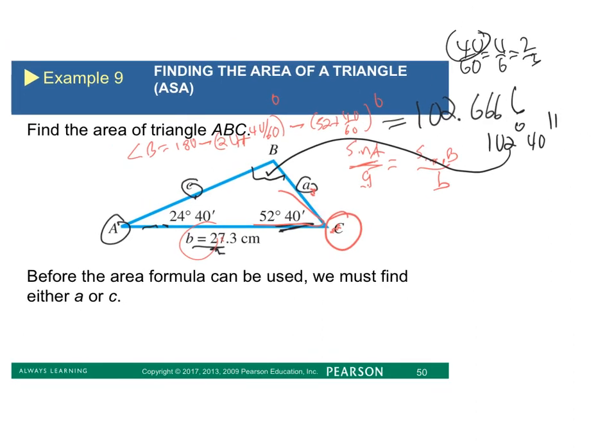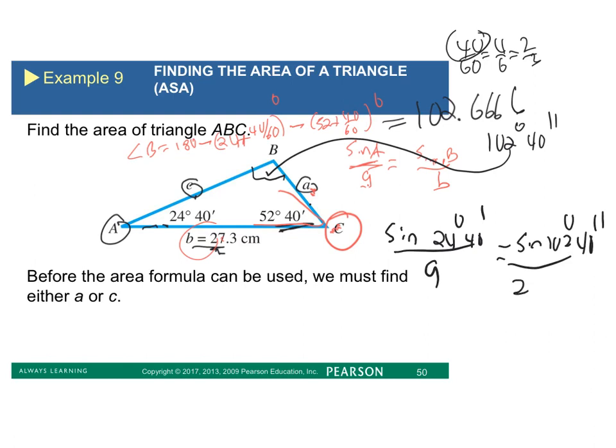Now that I have that, I can use my sine of A over A, which was sine of 24 degrees and 40 minutes over the side I'm looking for, has to be equal to sine of B, which was sine of 102 degrees and 40 minutes over the B, which is 27.3 centimeters.